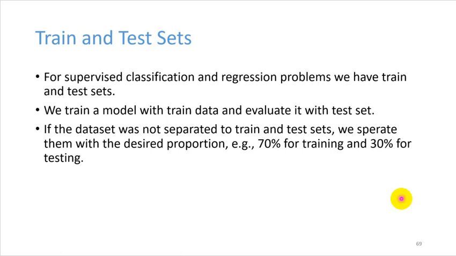And if in the data set, the training and test set was not separated already, we need to separate it with the desired proportion. Usually we go with 70 or 80% for the training data and 30 or 20% for the testing data. But this can be changed.